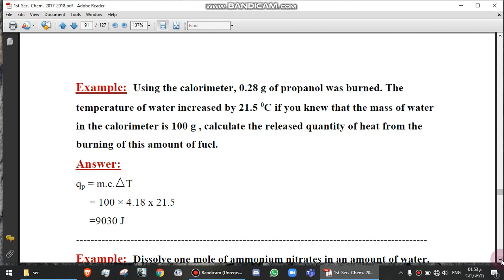If you know that the mass of water in the calorimeter is 100 gram, calculate the released quantity of heat from the burning of this amount of fuel. The answer, we write the law: Q equals M times C times delta T. Mass multiplied by specific heat multiplied by change in temperature. Okay?